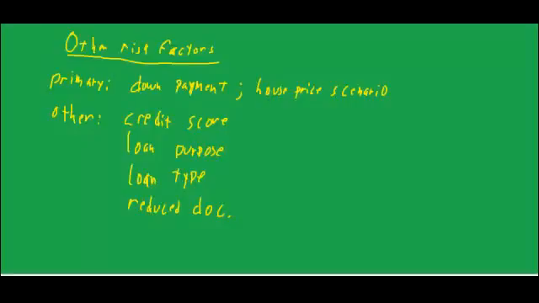And let's say you do that for some benchmark mortgage with a given credit score, loan purpose, loan type, and documentation type. Then you can take these other factors and say, well, let's say a 20% down payment loan with a 740 FICO score, that's a loan purpose for purchase.